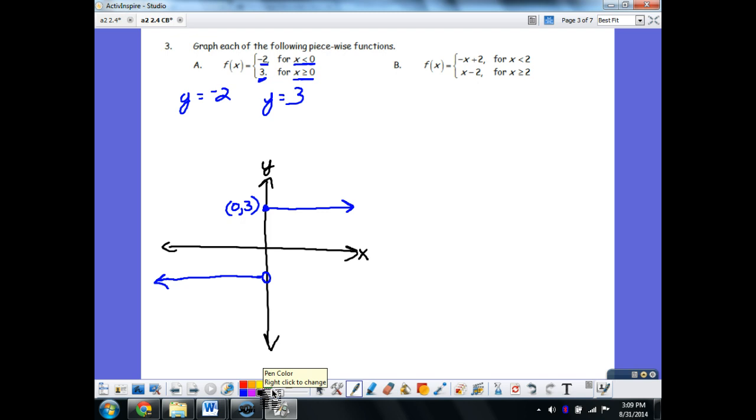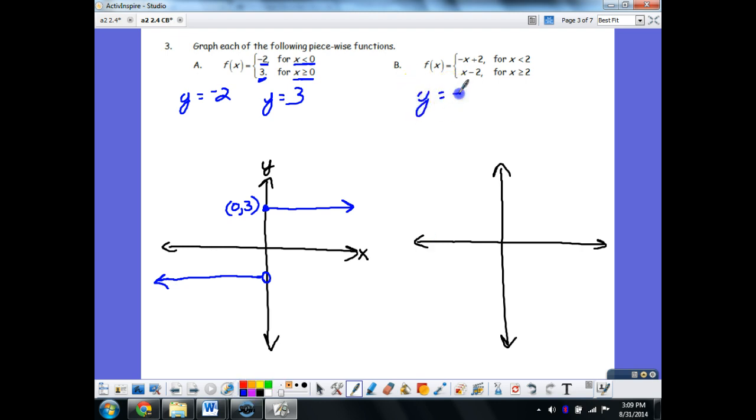The second one is a little bit more complicated. Now, the first line, y equals -x plus 2. We know what that line looks like.